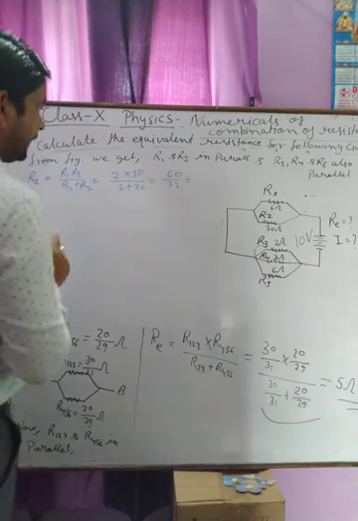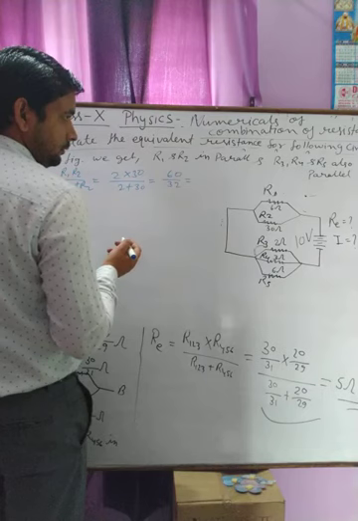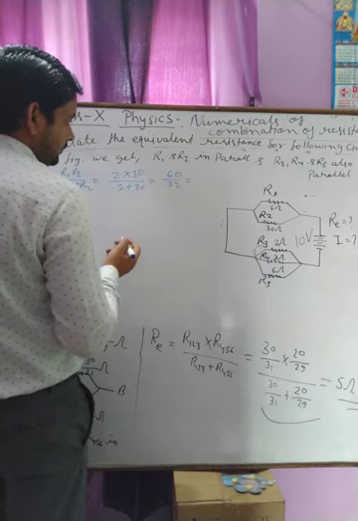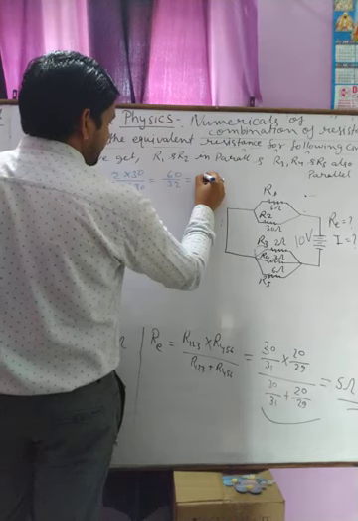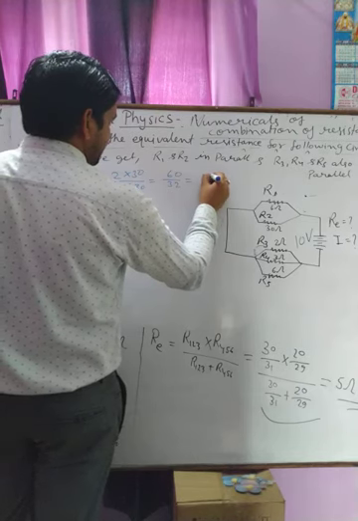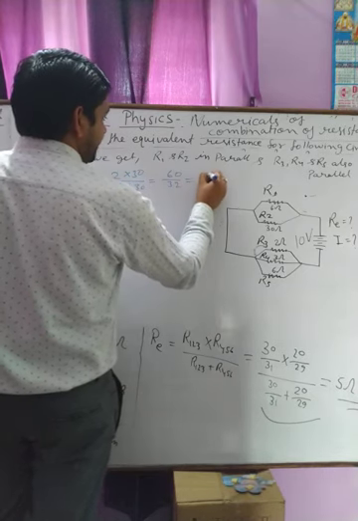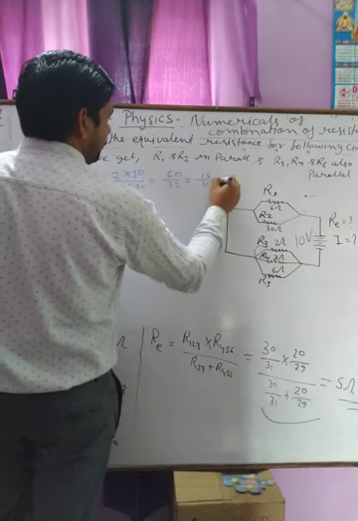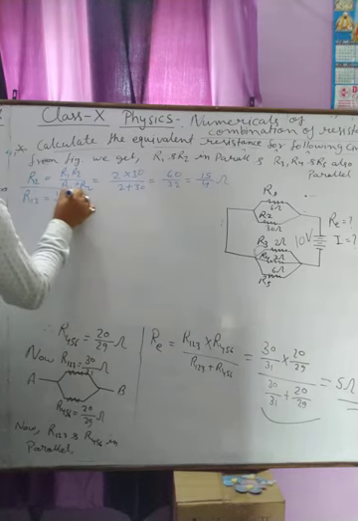Now this is cancelled by 2, that is 30 upon 16, cancel by 4, that is 15 upon 4 ohm. Okay, therefore R12 is equal to 15 upon 4 ohm.